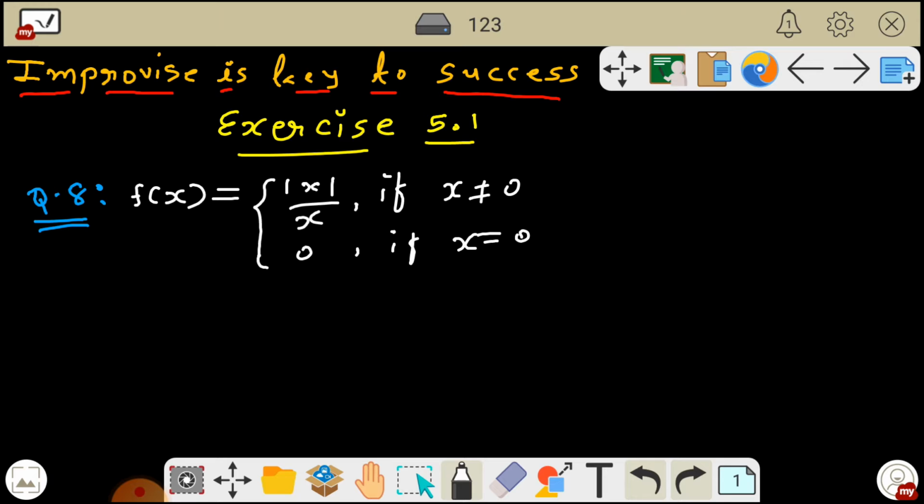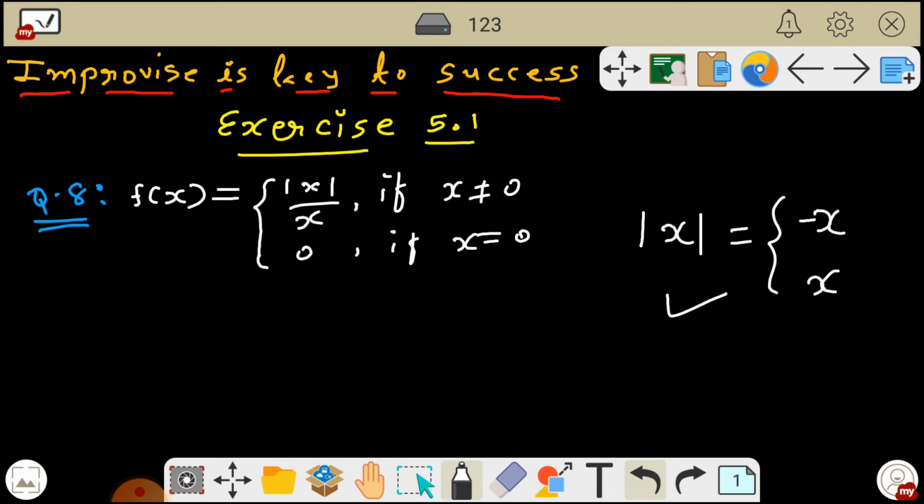First of all, if you can observe this, we have to write this function again. Why? Because we all know that modulus of x has two values. It has minus x when x is less than 0 and plus x when x is greater than 0.